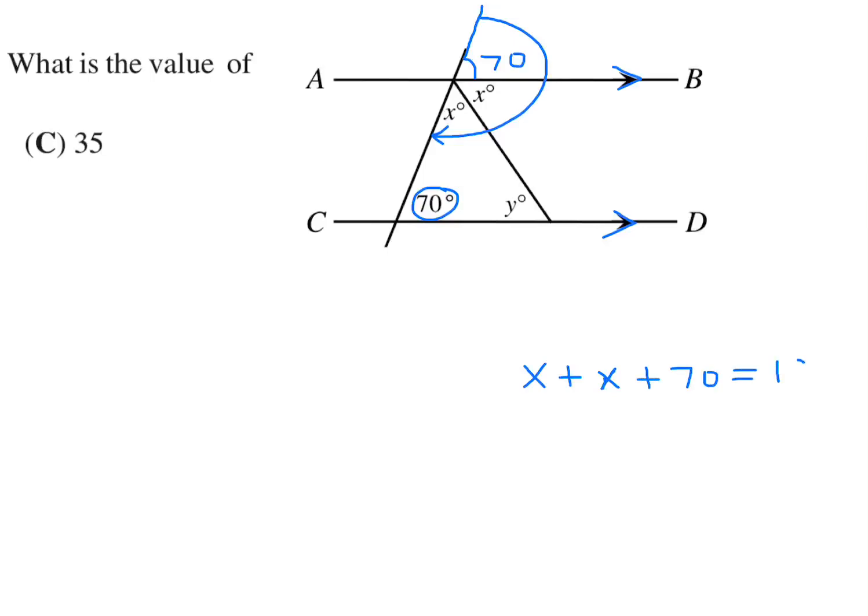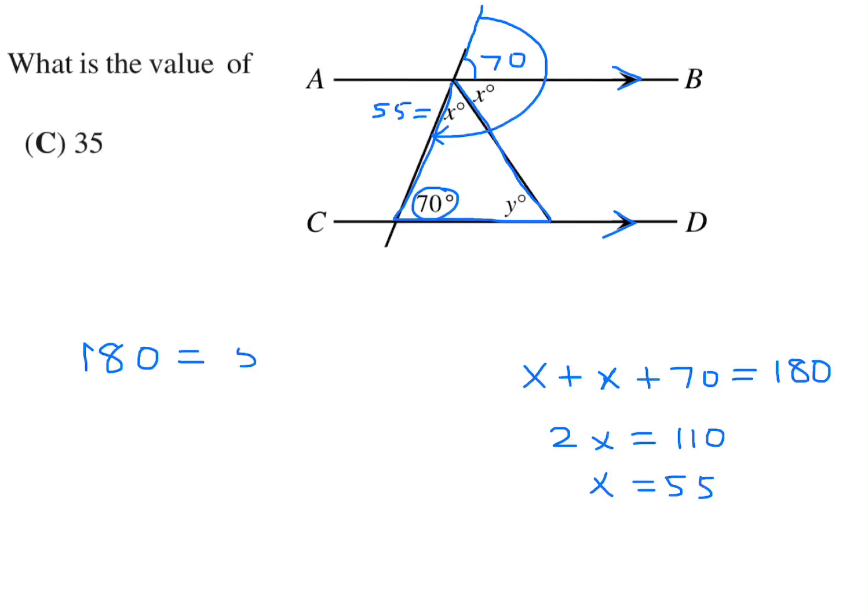So 2x plus 70 is 180. 2x is equal to 110. x is equal to 55. So x is equal to 55 right there. And then if you look at this triangle right here in the middle, the sum of the angles is 180. So 55 plus 70 plus y is going to be 180. So solving for this, you get y is equal to 180 minus 55 minus 70, and that would be 55 for y.